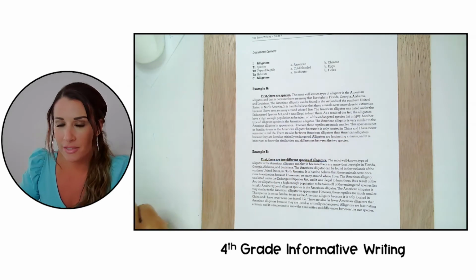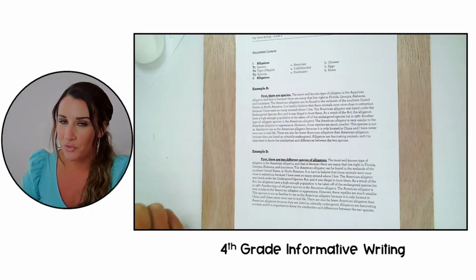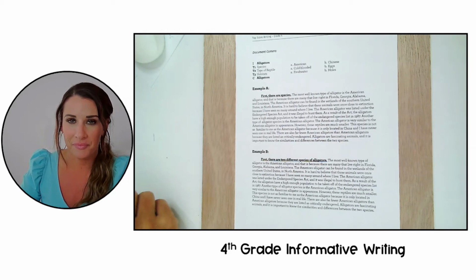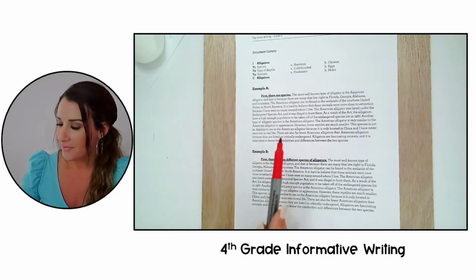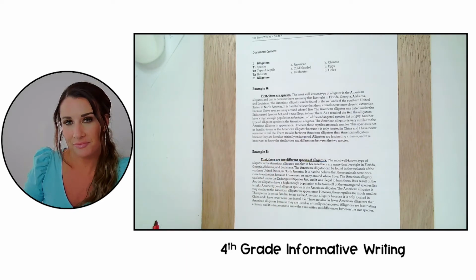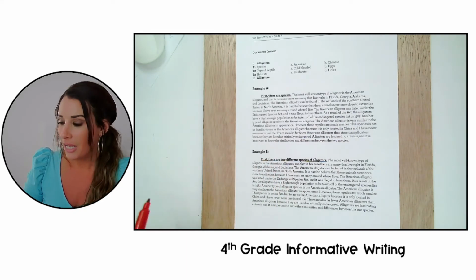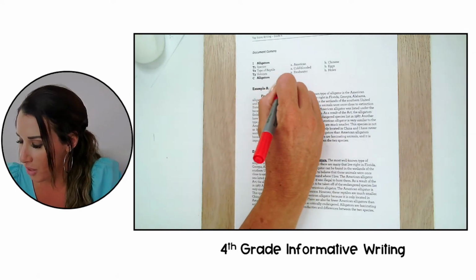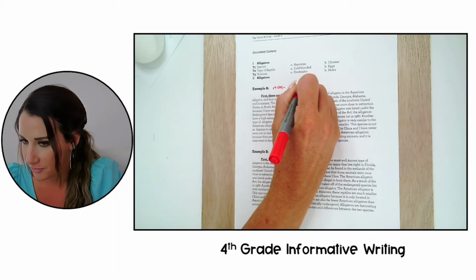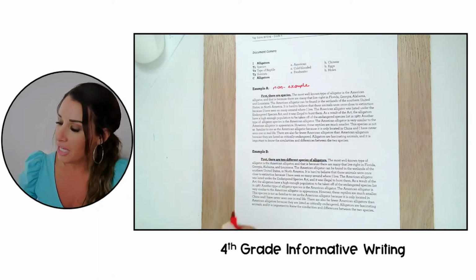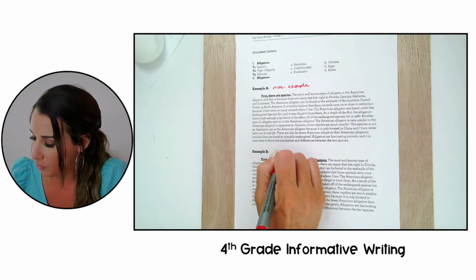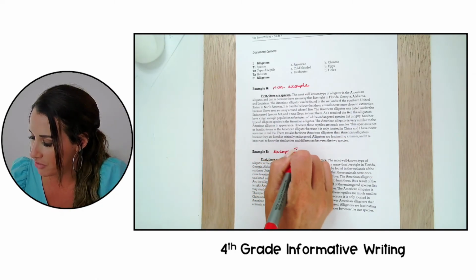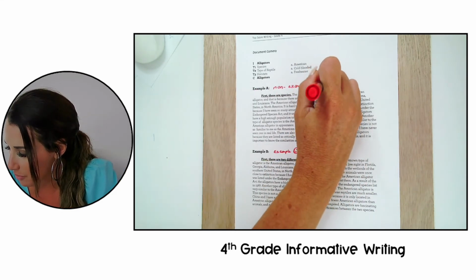Which one do you think is the example, and which one do you think is the non-example? Take a look at both of these. Example A is the non-example. This is what you don't want to do. Example B is the example. This is what you want to do. Okay, I'll put a smiley face so you know that's the good one. This one's the bad one.